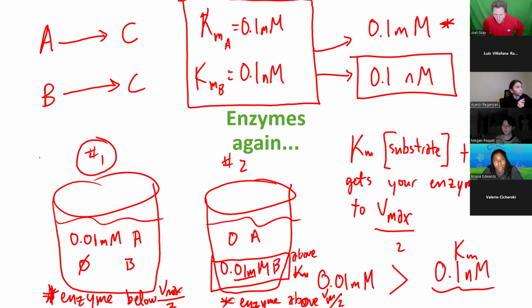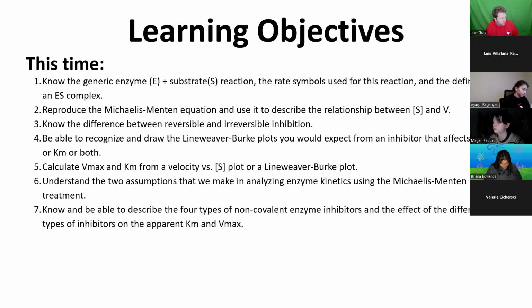Okay, so what we are going to do today is I'll pause for any questions that folks have. Go ahead and ask them as I move on to our next slide. Here are some of our learning objectives from last time.